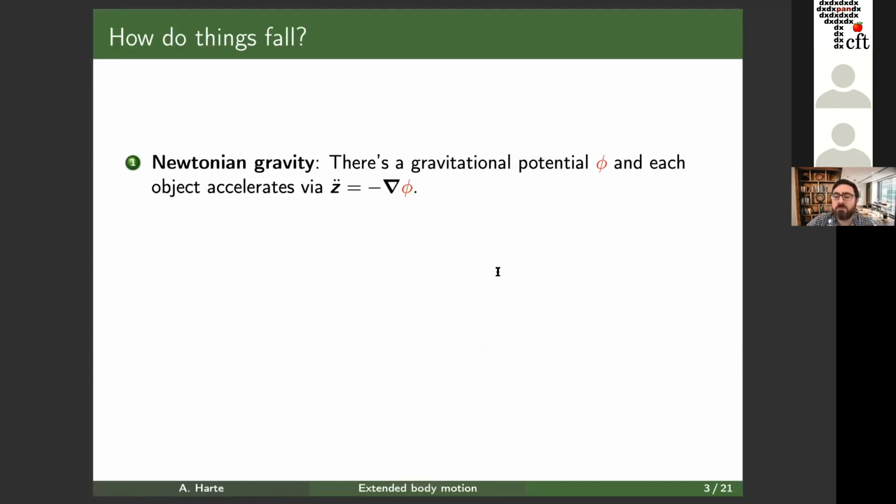So I'll start off with things that you probably know, things that are in beginning textbooks. Usually we think of gravity from one of two perspectives, either from a Newtonian context or from the context of general relativity.